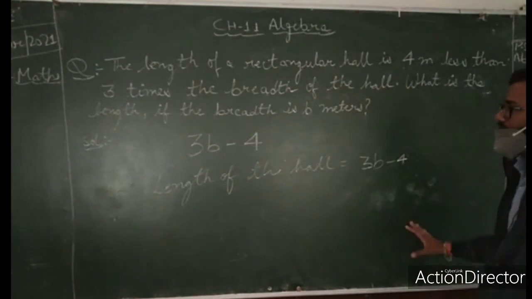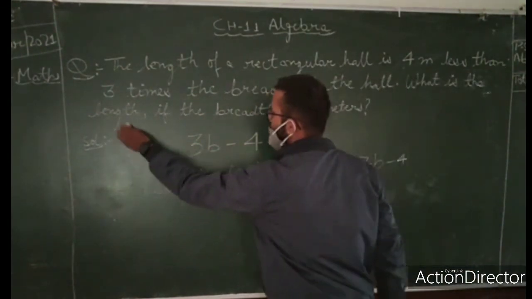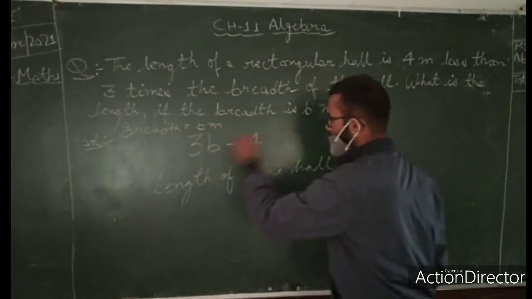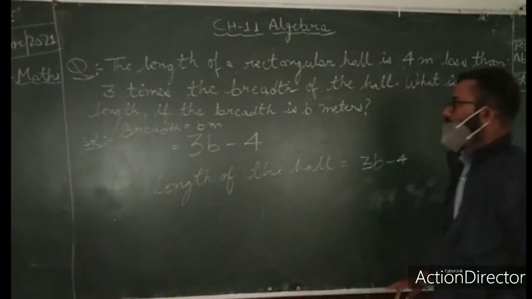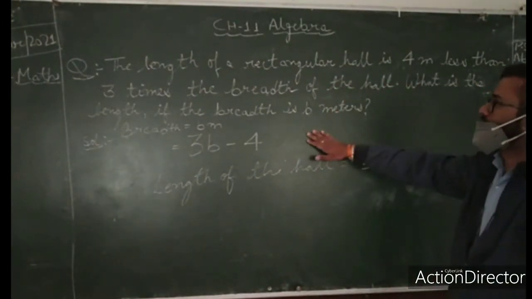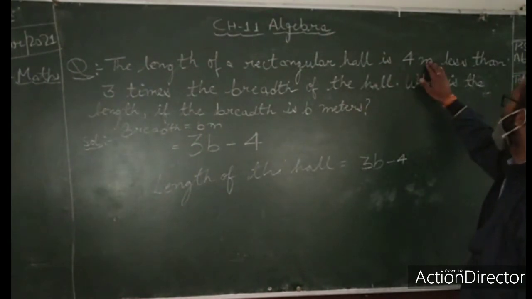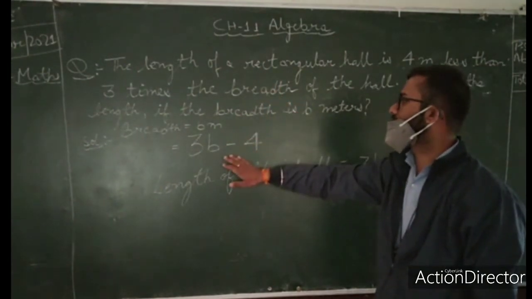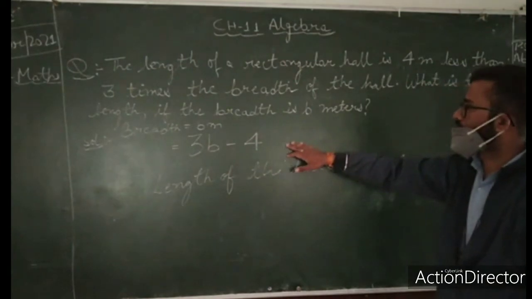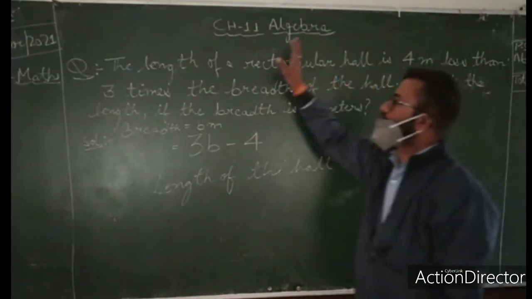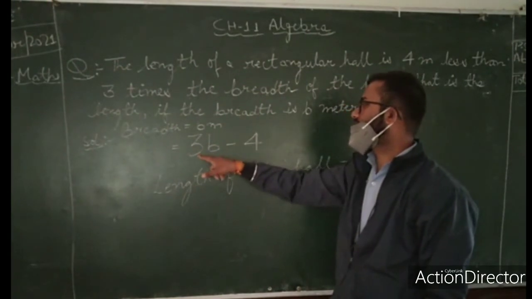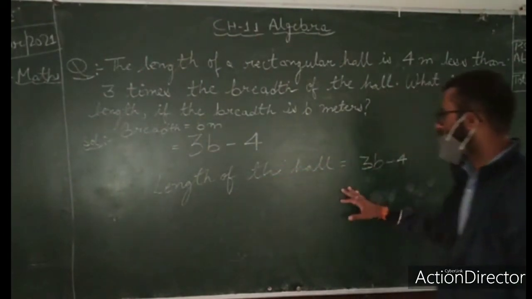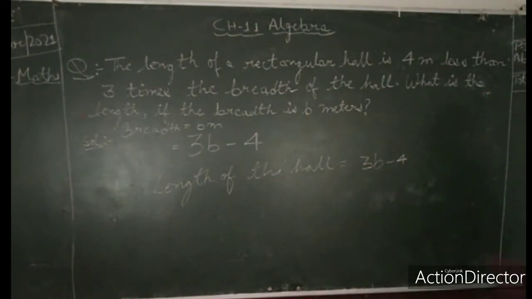So here the breadth equals b meters. Now the length is 4 meters less than 3 times the breadth. 3 times the breadth is 3b, and 4 meters less gives 3b minus 4. So the length of the hall is 3b minus 4 meters.